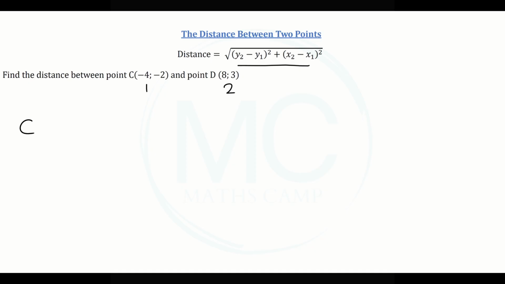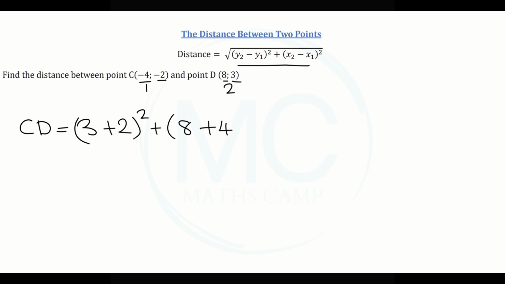Now we can put these coordinates into the formula. So we say CD is equal to the y coordinate of D, 3, minus the y coordinate of C, so we say minus -2, in a bracket squared, plus, open a new bracket, the x coordinate of D, which is 8, minus the x coordinate of C, which is -4.